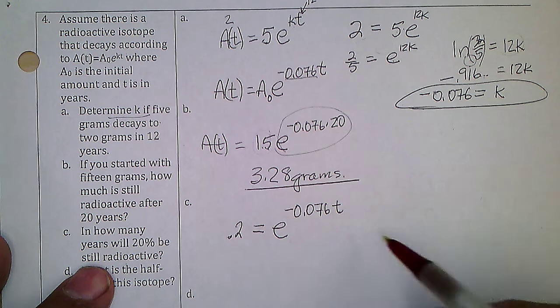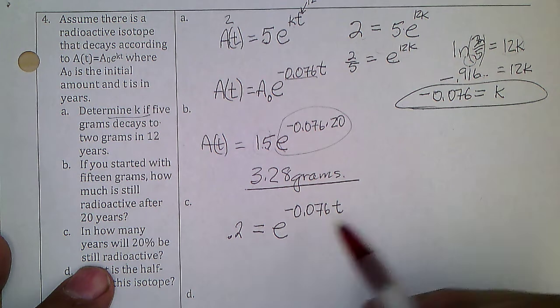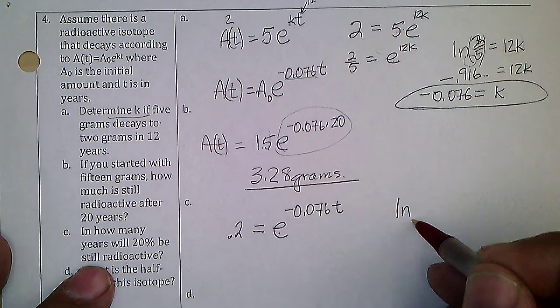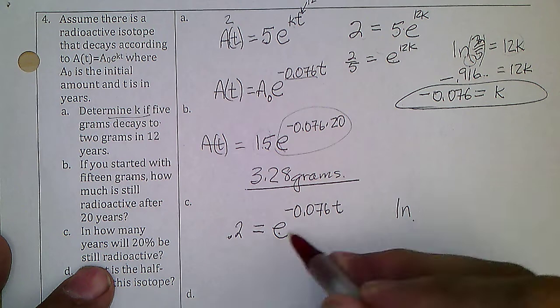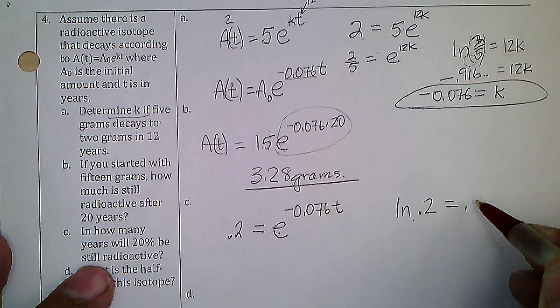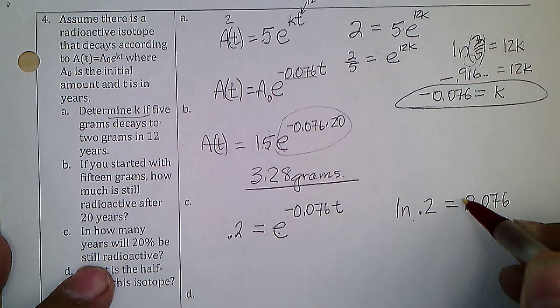Well, since I need the power, I'm going to rewrite this as a log. This is base e, so it's ln of 0.2 equals negative 0.076t.